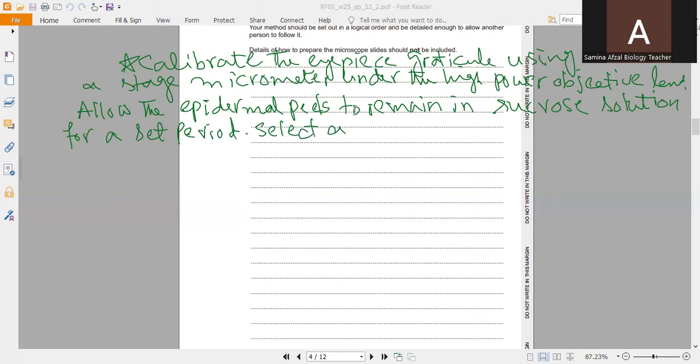Select a predetermined or pre-decided number of stomata from each slide.